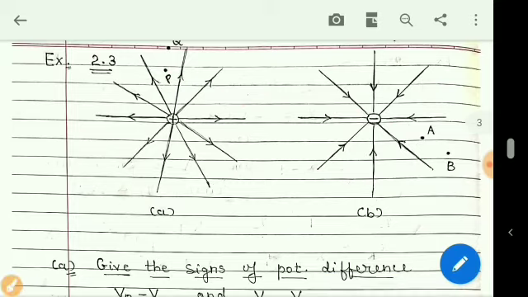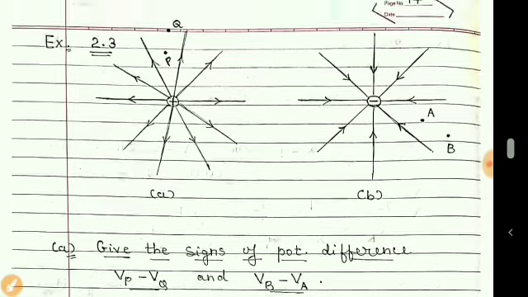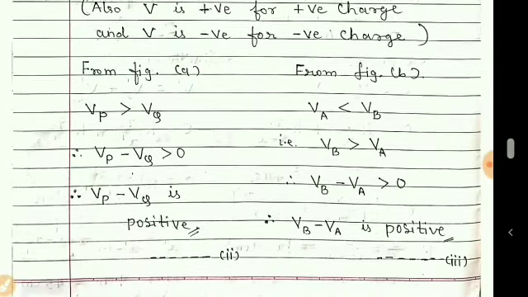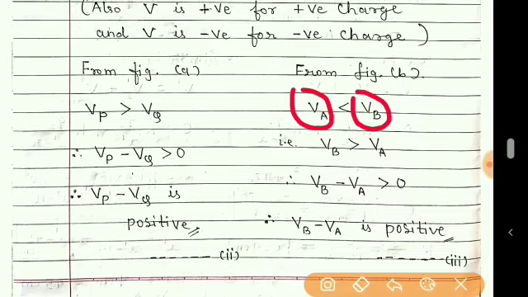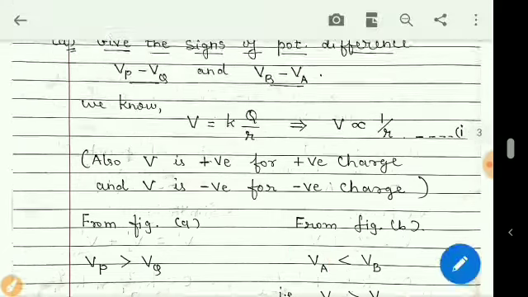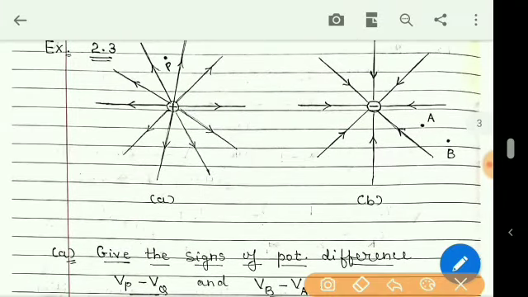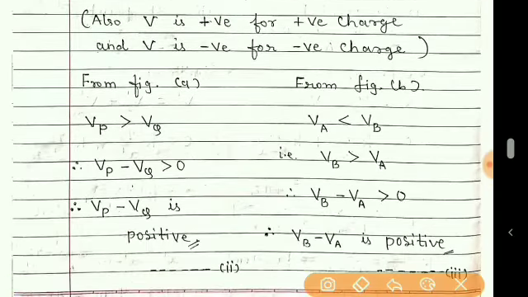So we can say, as the case is reverse, potential at point A will be smaller than B. Once again see the figure. This potential is more negative, so this is smaller than this less negative potential. So potential at point A is smaller than potential at point B, or we can write potential at point B is greater than A. See, simply reversing this condition.